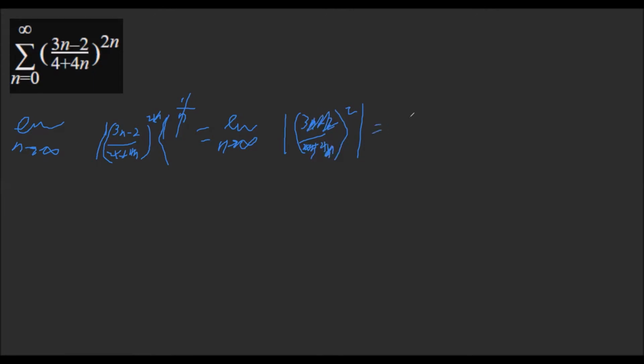So this is equal to 3 over 4 squared, meaning this is equal to 9 over 16ths. You'll notice that 9 over 16ths is less than 1. And since this is less than 1, we can say that this series, n equals 0 to infinity of 3n minus 2 over 4 plus 4n raised to the power of 2n, converges by the root test.